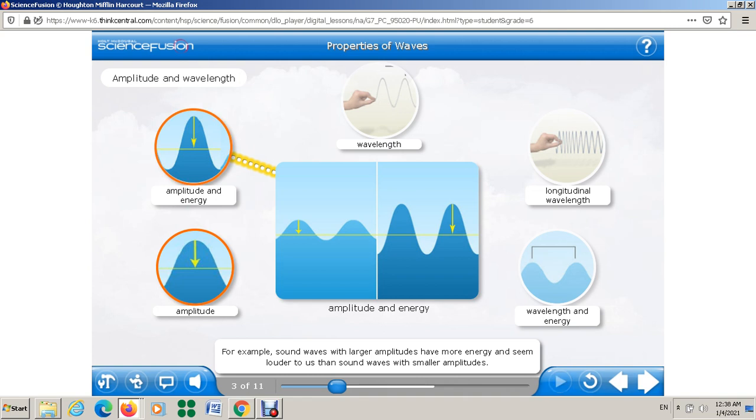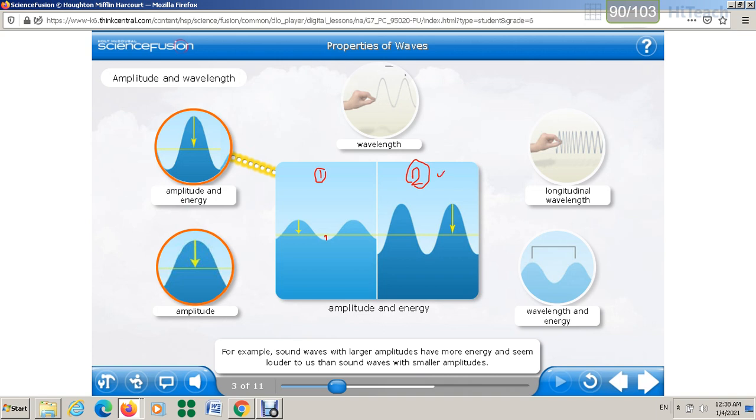If we want to compare image 1 and image 2, the amplitude, as you know, is the distance from the crest to the rest point, or from the trough to the rest point. And this is the second one. Which one has a greater amplitude, 1 or 2? For sure, 2. How will this affect things?